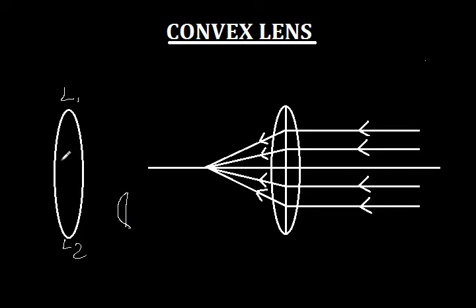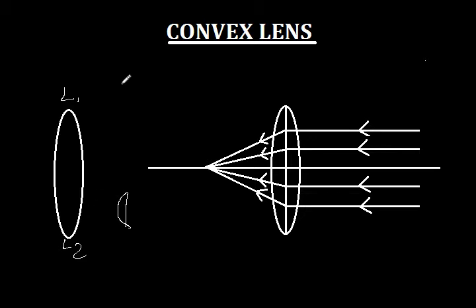Now our discussion is about convex lens. Convex lens has a thicker mid portion and thinner edges. See, the mid portion is thicker and the edges are thinner. This is a convex lens and we will discuss the concave lens later on.